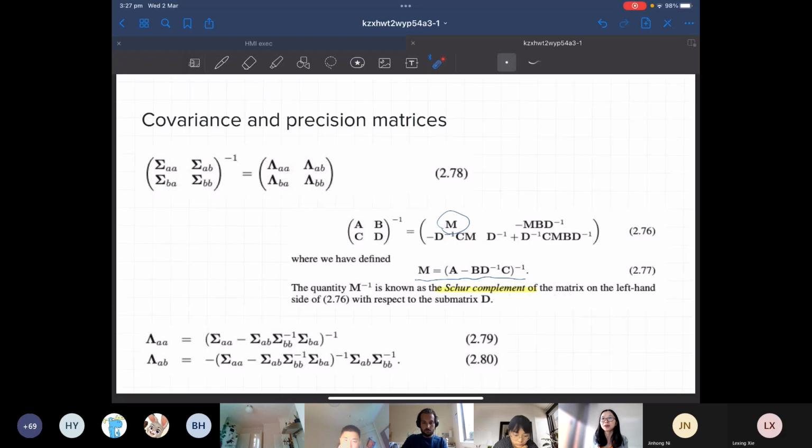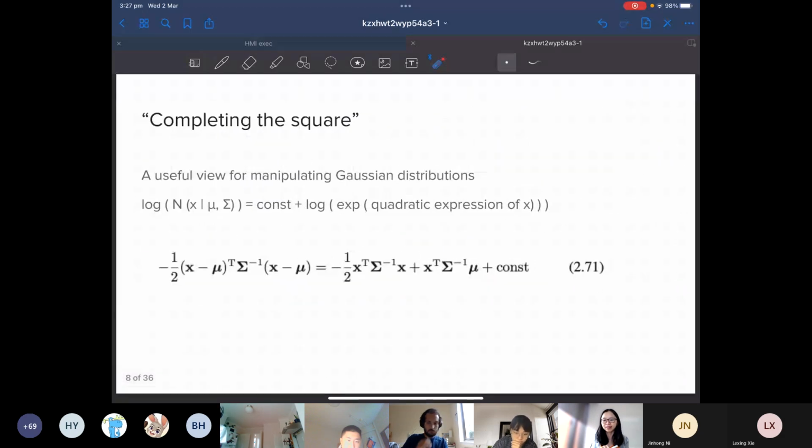So let's not go there, but instead, since it can be hard to get an immediate intuition out of 2.80, let's look at other equations around it. One useful skill to have if we are manipulating Gaussians, again, you'll be doing some of these things in your assignment and tutorial exercise and so on.